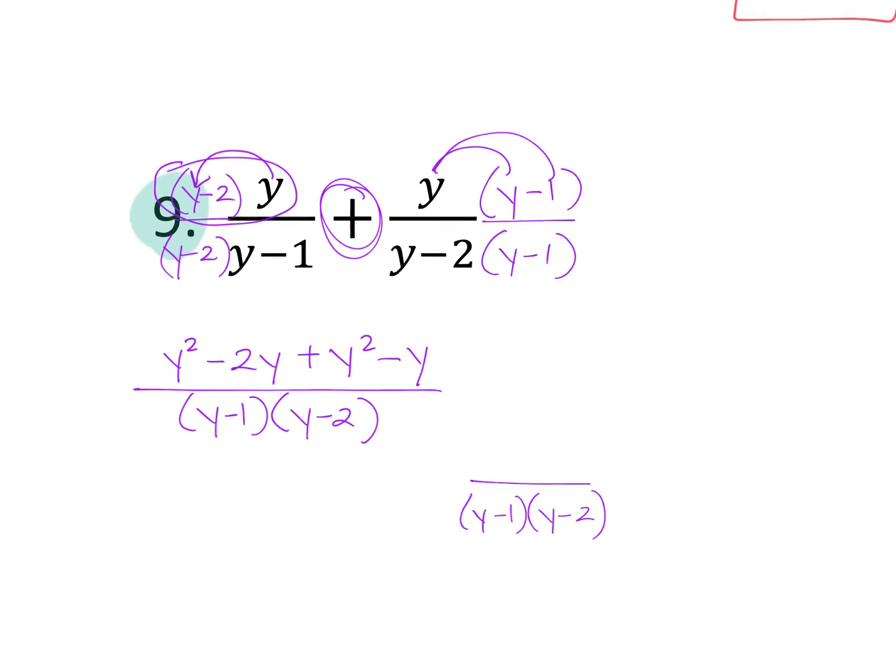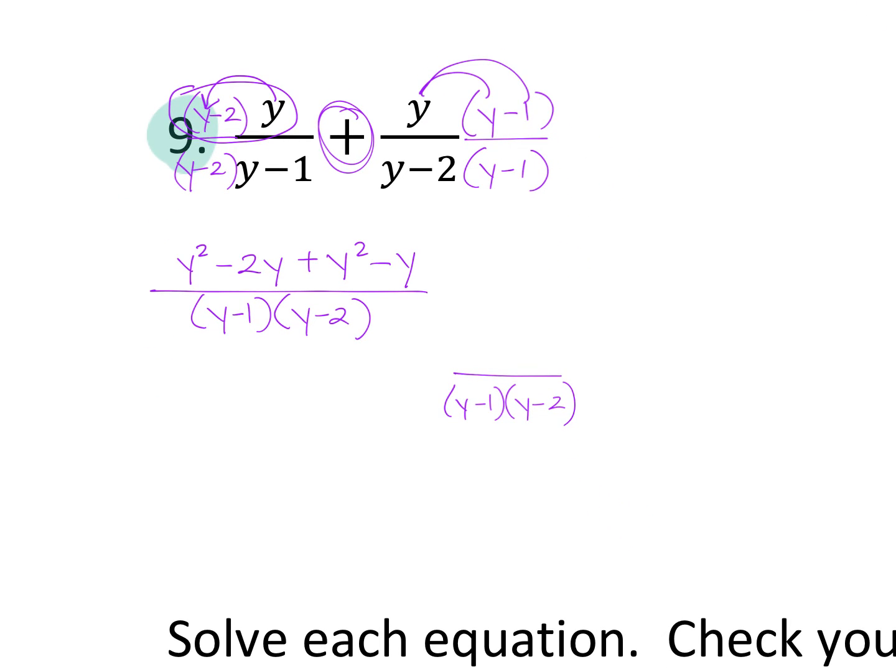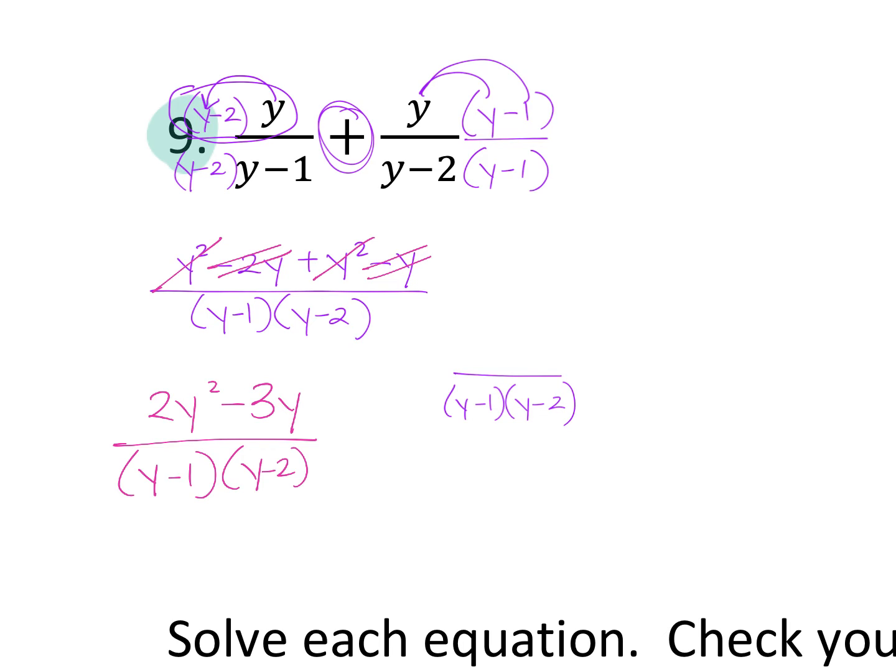Now you can simplify that. Y squared plus y squared is 2y squared. And then negative 2y minus y is a negative 3y. And that's over y minus 1 times y minus 2. That's as far as you can go with it. What are your restrictions?